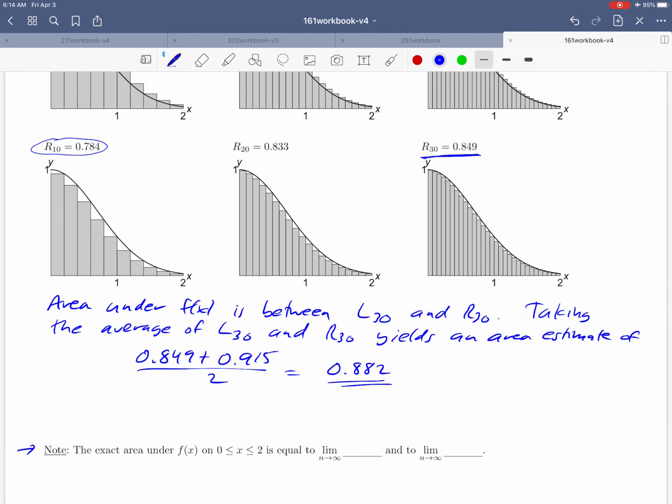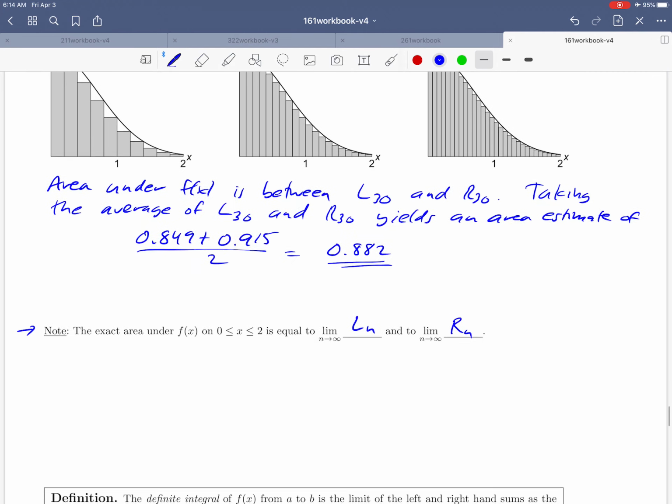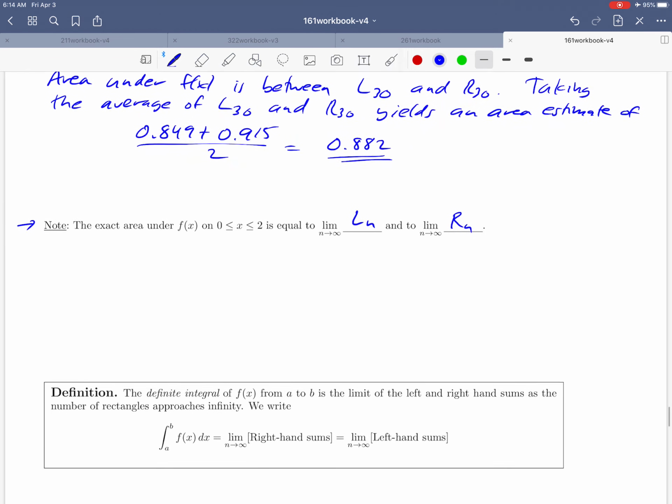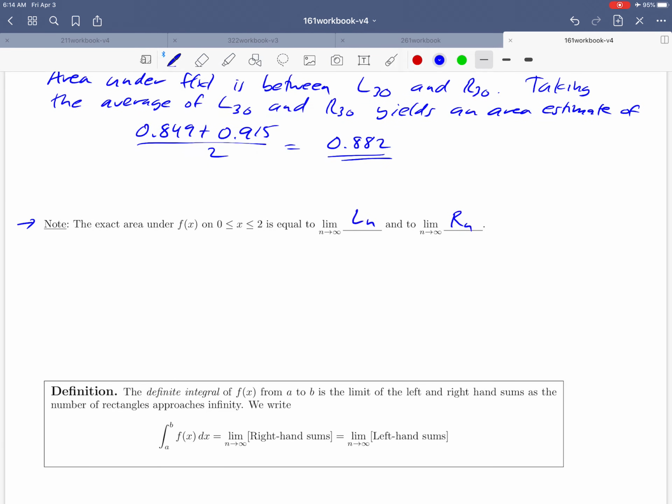So we could make a note down here that the exact area under f of x from 0 to 2 can be thought of as a limit of our left sums and our right sums. Both of those are going to get closer to that area as n gets larger. Okay, so that brings us to one of the biggest definitions in the entire course: the idea of the definite integral of a function.